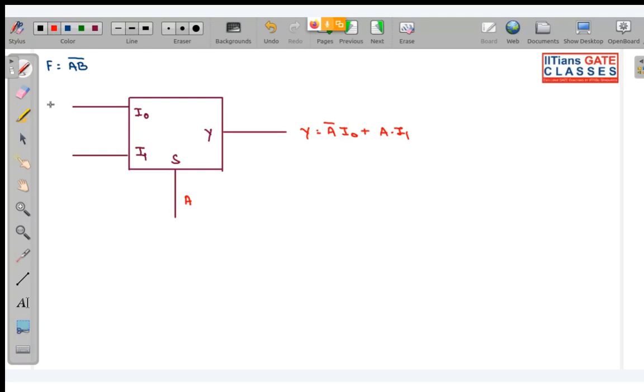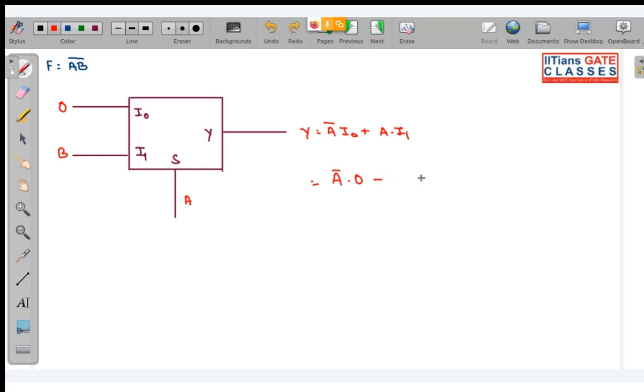See, 0B. If you take 0B, what will happen? This will be A complement dot 0 plus AB. So where am I getting complement over here? This will be 0. So this is AB. B complement 0.